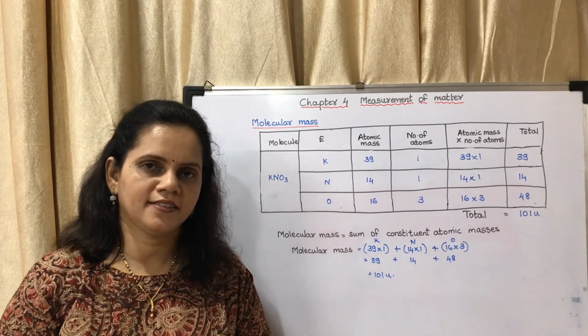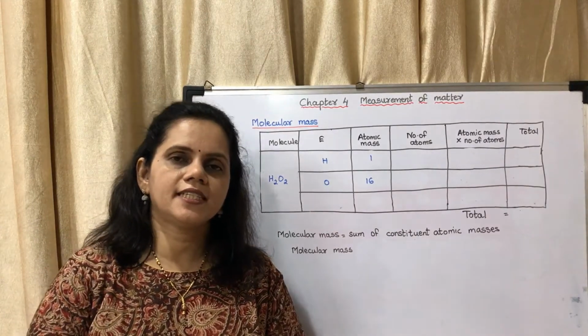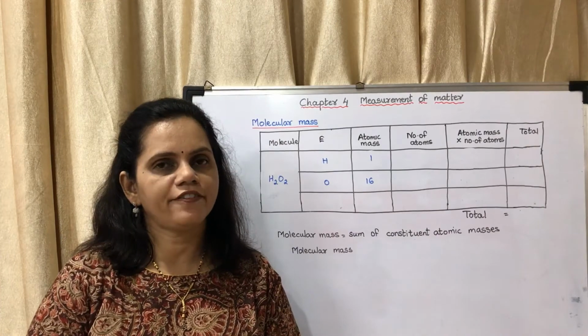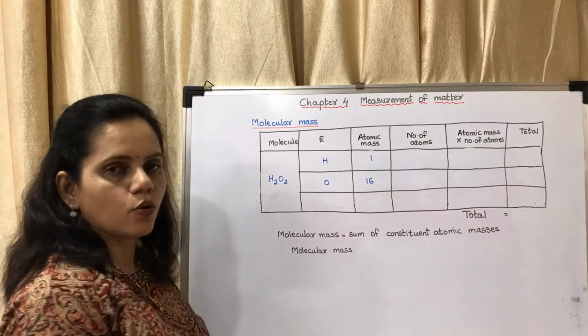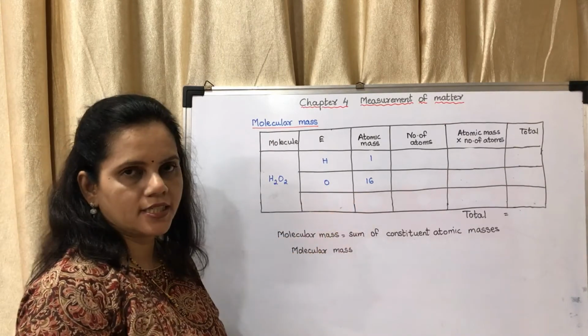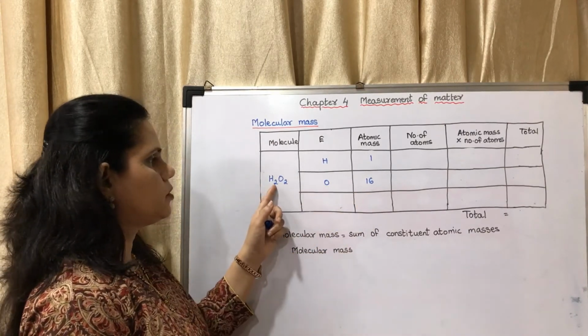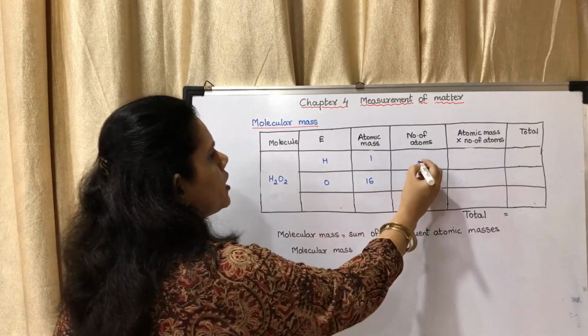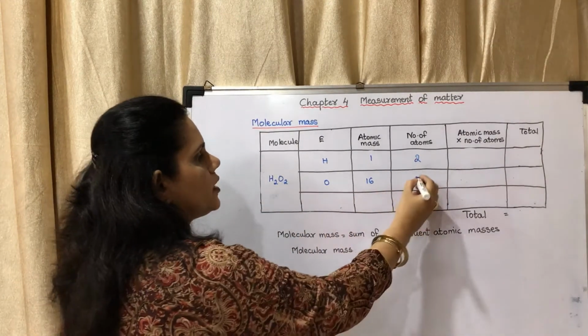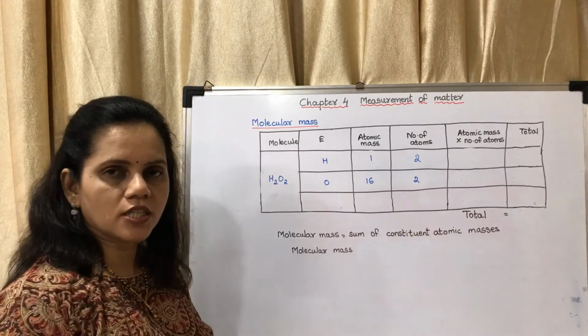You may copy. Now the next is hydrogen peroxide. The molecular formula is H2O2. The atomic mass of hydrogen is 1. The atomic mass of oxygen is 16. How many atoms of hydrogen? 2. How many atoms of oxygen? 2. So number of atoms of hydrogen is 2. Number of atoms of oxygen is 2.